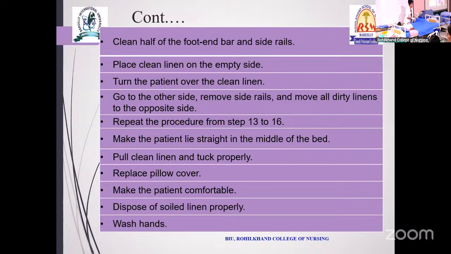And after that, spread the top sheet, with proper tucking, and make a mitten for the patient.